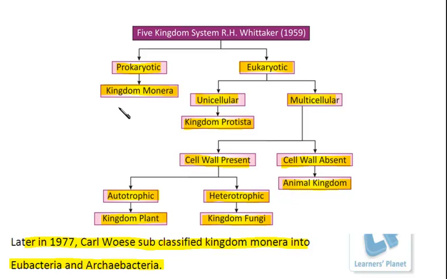It is the group Bacteria. All bacteria are prokaryotic and they all are unicellular. They are made up of a single cell. Now further, depending upon whether they are living in moderate conditions or in extreme conditions, they were subclassified by Carl Woese into the Eubacteria and the Archaebacteria groups.